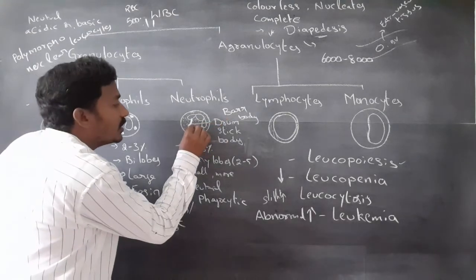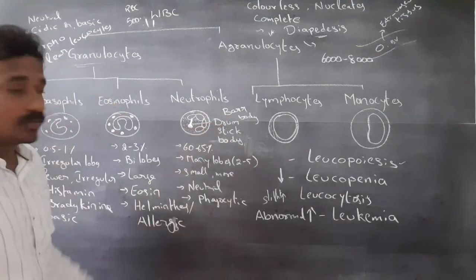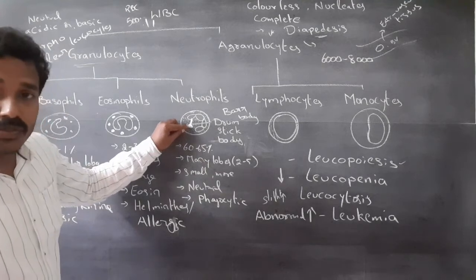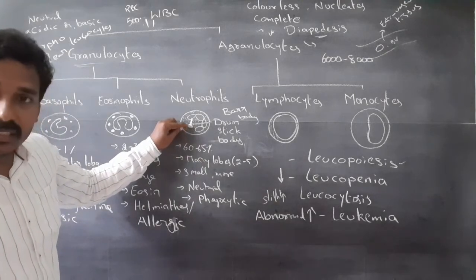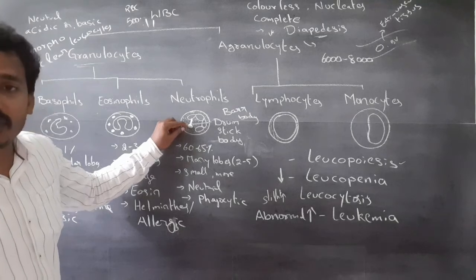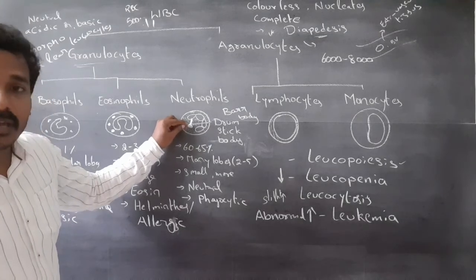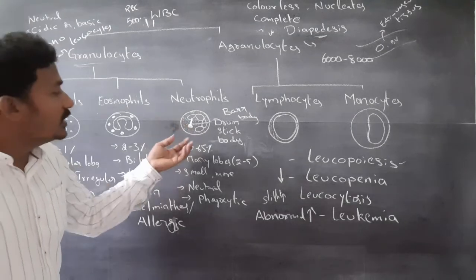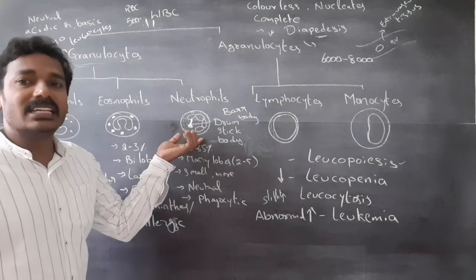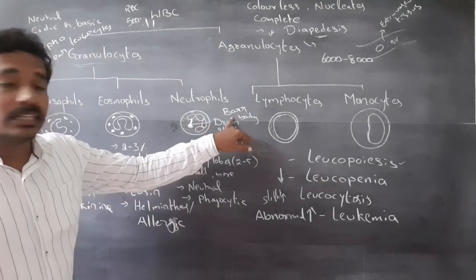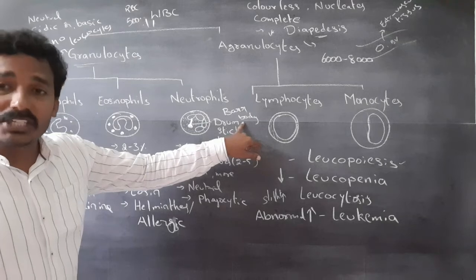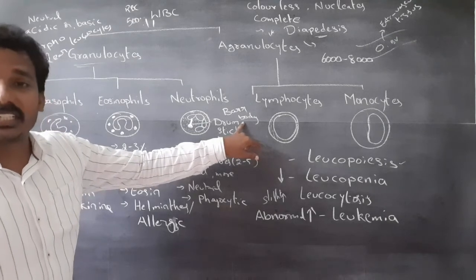It is the extra, inactive X chromosome. It is present in mammalian females only. The bar body helps in the identification of sex determination.